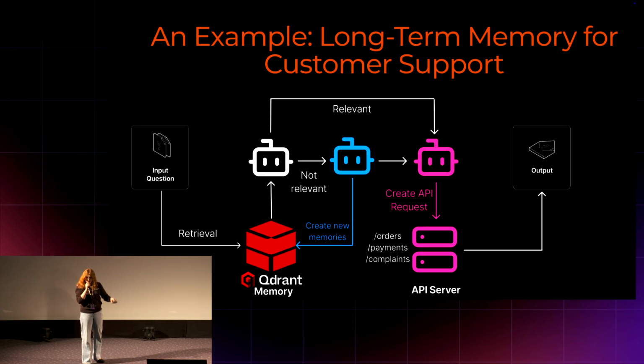The memory will be relevant, and they don't even have to provide the order number. They can just say, what is the status of my order? And the LLM would remember that the order was ID hello world.